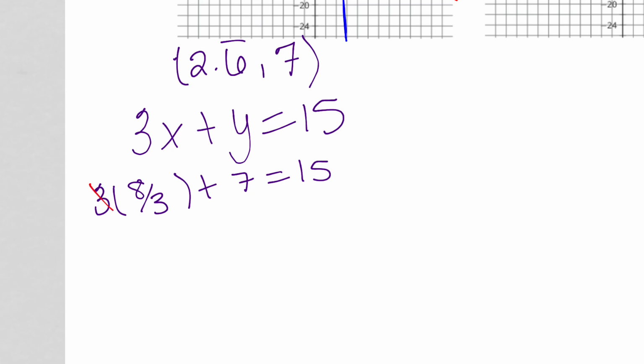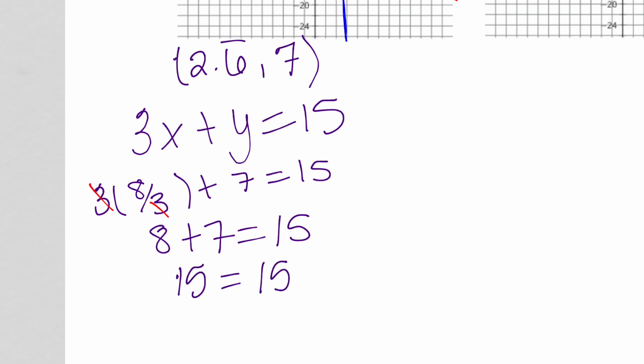So we are going to get 8 plus 7 equals 15. What is 8 plus 7? 15. Does 15 equal 15?